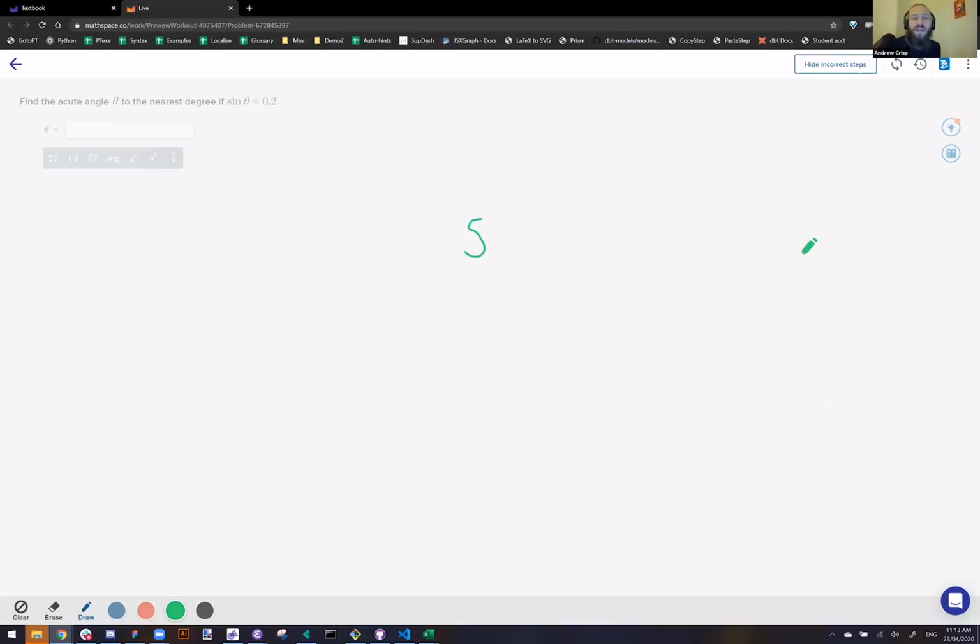So I've got sine theta equals 0.2. Instead, this time, I'm going to write an equation which looks like this: theta equals sine inverse of 0.2.